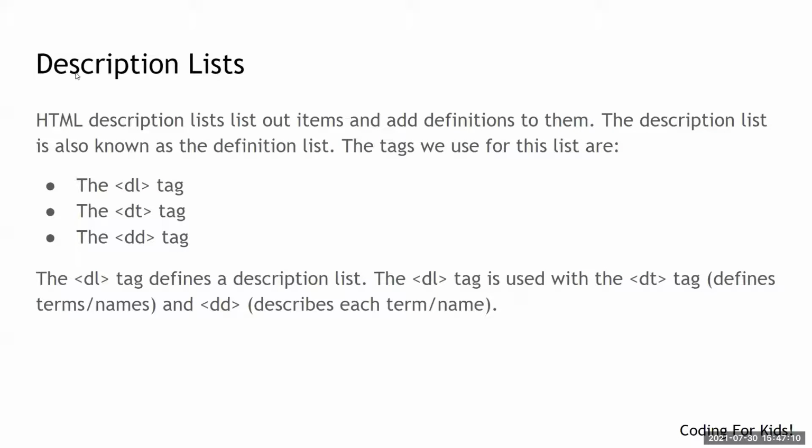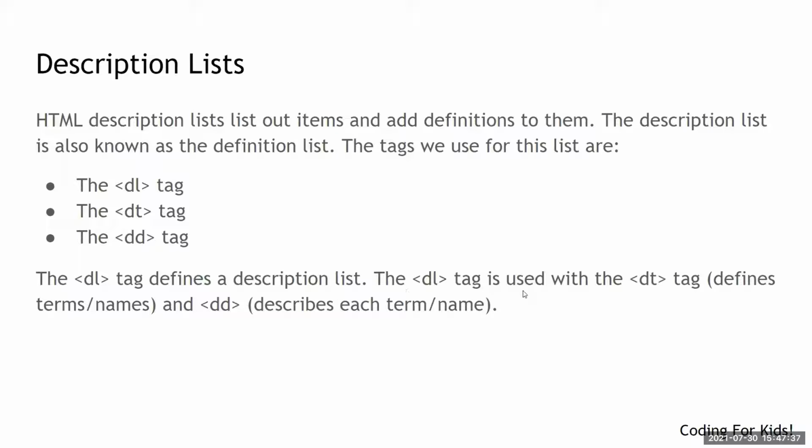Then we have our description lists. These HTML lists list out items and add definitions to them. The description list is also known as the definition list. The tags we use for this list are the DL tag, the DT tag, and the DD tag. The DL tag defines a description list. It says, hey, we're making this description list or definition list.